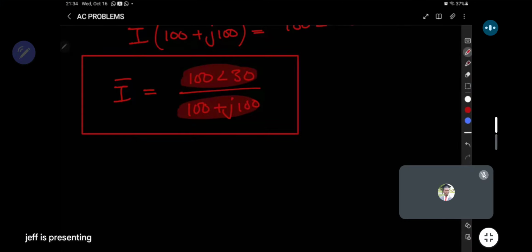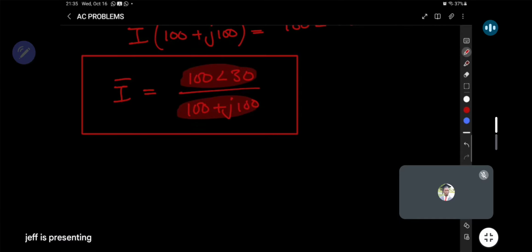For us to divide, we must present them in the same language. Well, we can divide a complex number by a complex number, so you can convert the polar to rectangular, but it will be a little bit tricky to divide. It turns out it is easier to divide if both terms were presented in polar form. If you were dividing rectangular by rectangular, you first have to conjugate the denominator, the complex conjugate, and after that simplify the expression.